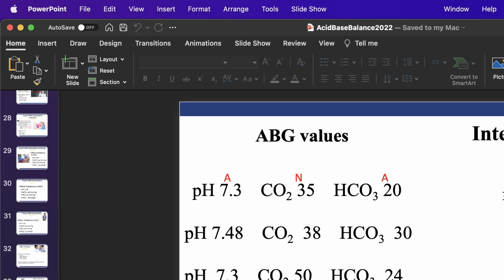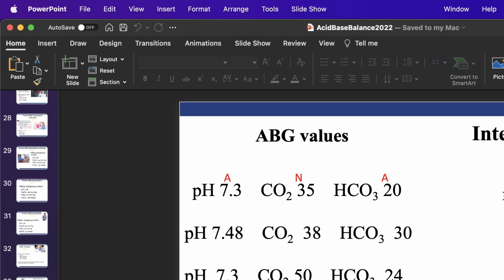The remaining balance is within normal limits. Not compensated. And let's see, this is 22 to 26, so that's within normal limits. Yes, no, it's within normal limits. It would have to be going in the opposite direction in order to have partial compensation.